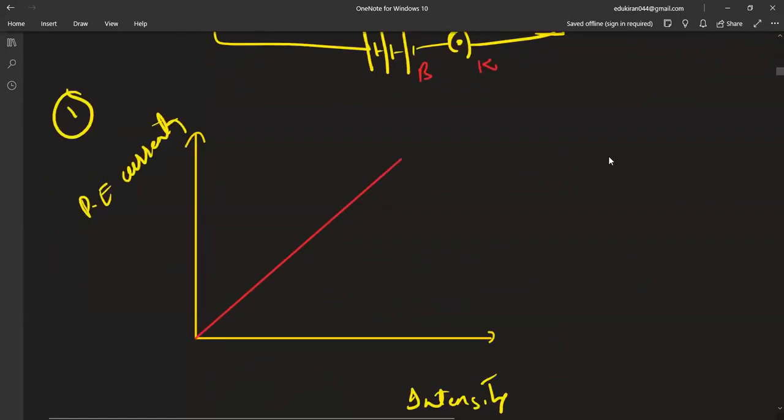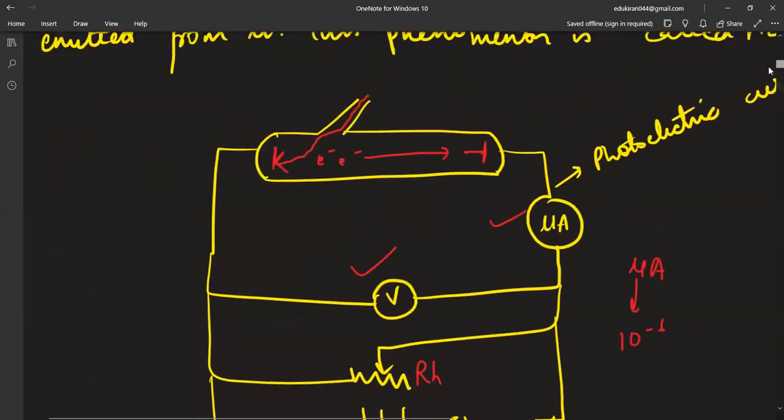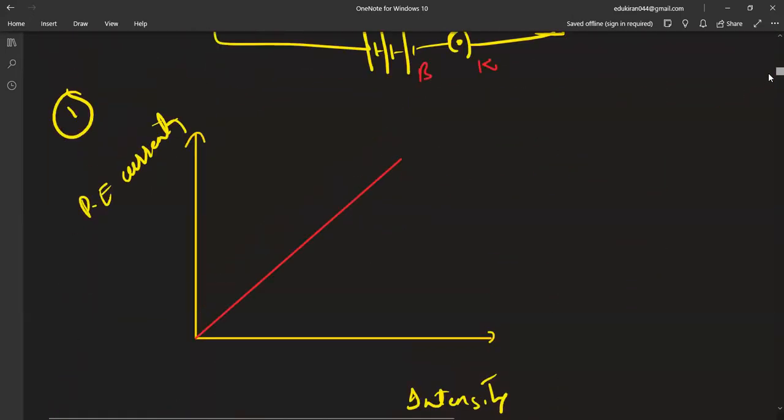Now, the photoelectric effect was observed with some more elements. When we talk about the intensity, it was observed in the same experiment. All these graphs are based upon this experiment only, the cathode ray tube experiment.